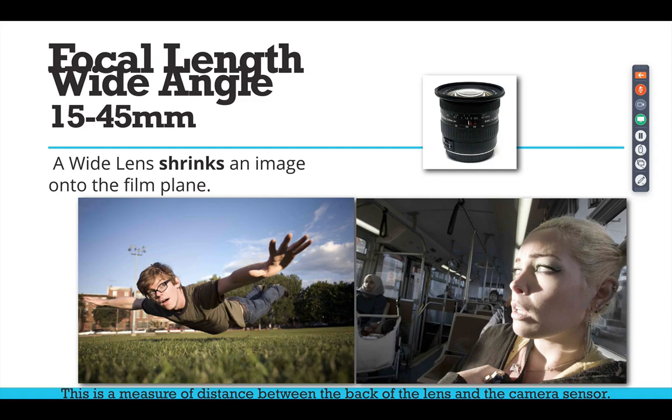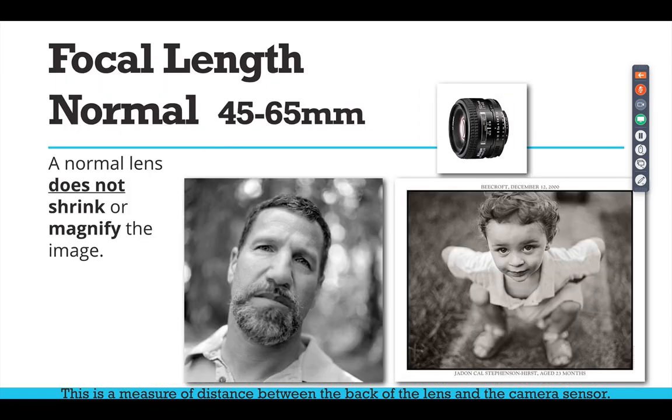Or, in the case of the next one, if you're a modeler, you want what's called a normal lens, because that gives you the least amount of distortion. We also call this a portrait lens. Portrait lenses are usually 50 millimeter. 50 millimeter means that you are going to minimize any distortion at all.